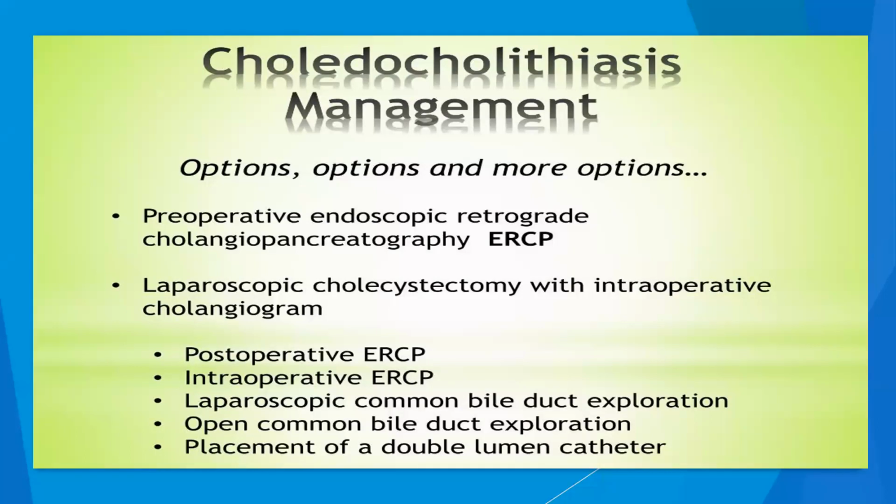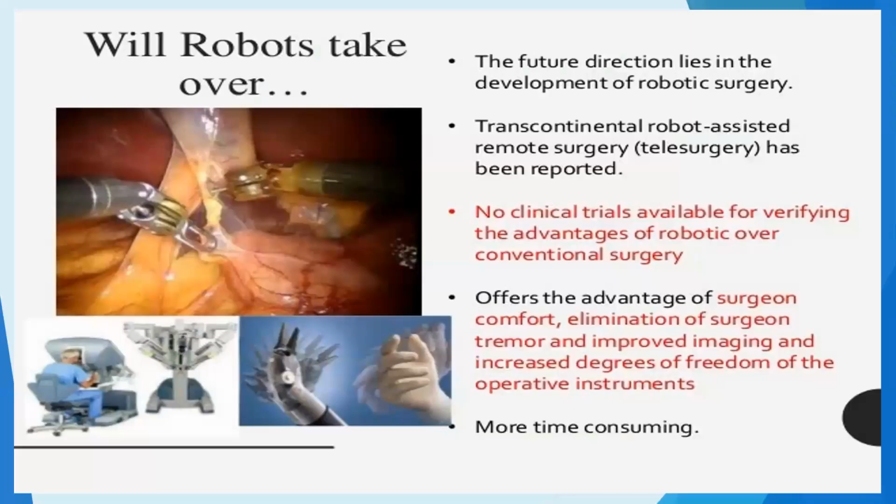Lastly, I would like to touch upon the advancements, and that is the robotic. Like many of the surgeries, robotic surgery is also at many centers, in advanced centers in UK, US, Canada; cholecystectomy is also done by robots. So robotic cholecystectomy.